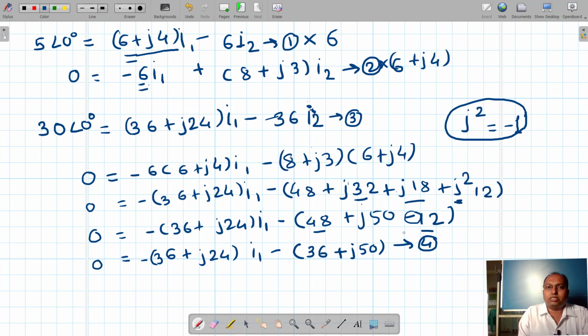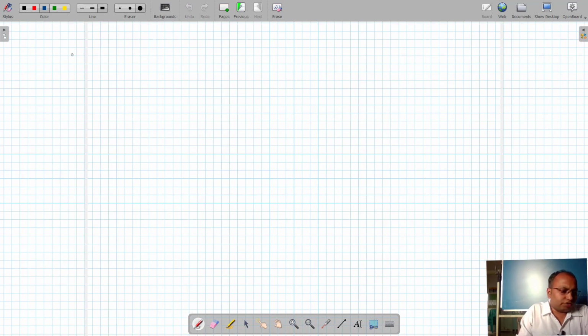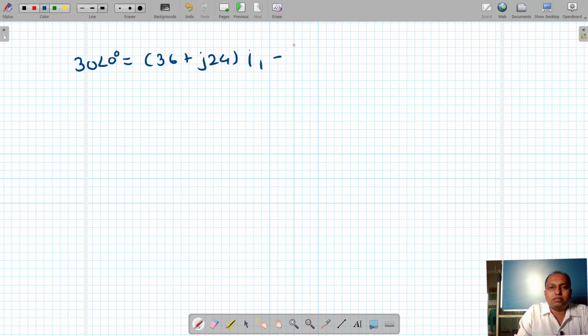After modification, now let us add equation number 3 and 4 together. Equation 3 we have got is 30 angle 0 is equal to 36 plus j24 I1 minus 36 I2.